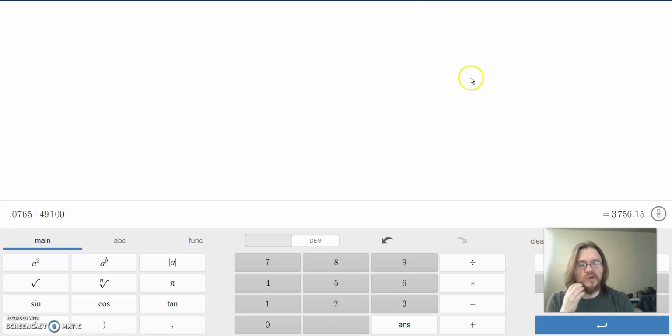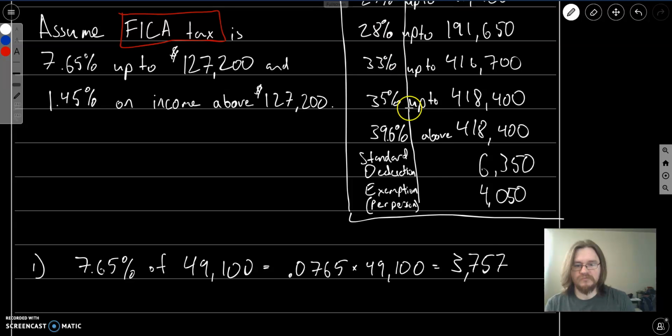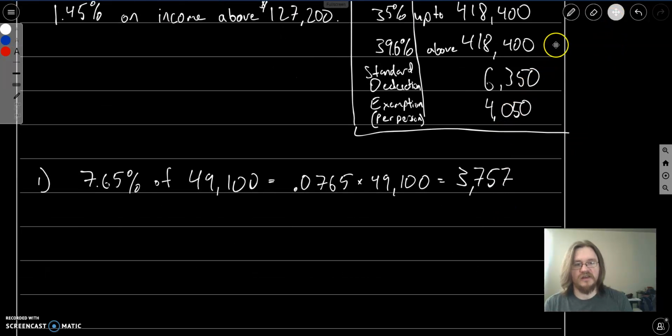It was $3,756.15, but in order to pay that 15 cents, I'll just give them a whole dollar and essentially say keep the change. So we have to round up to make sure that we pay everything, including the extra 15 cents. So this right here is for the FICA tax.